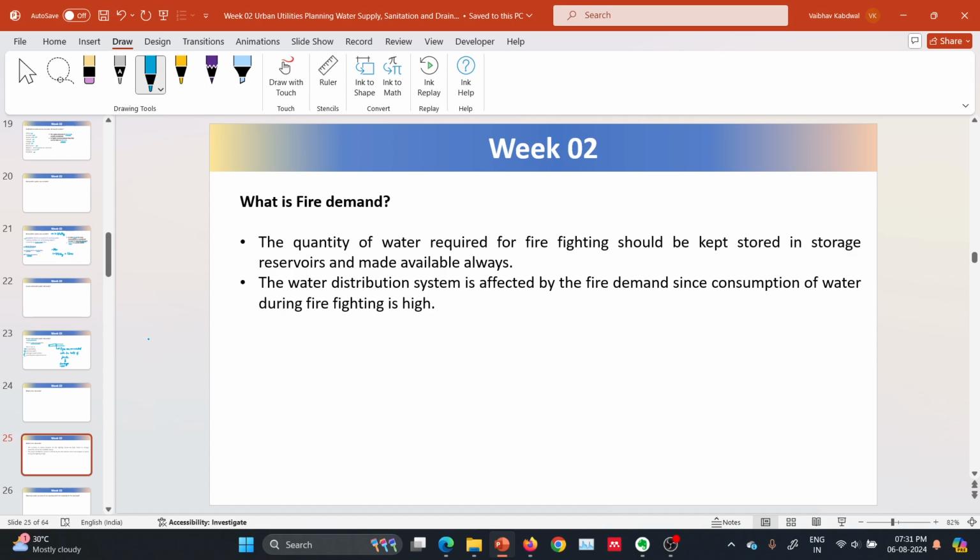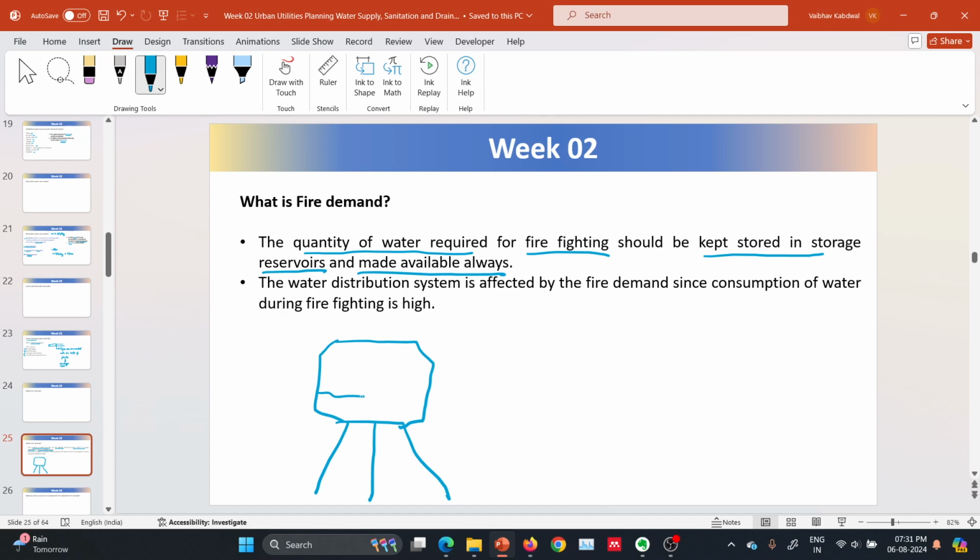The quantity of water required for firefighting should be kept stored in the storage reservoir and made available always. Suppose this is the water tank here. You might have seen overhead tanks like this at the outskirts or in the middle of the city.